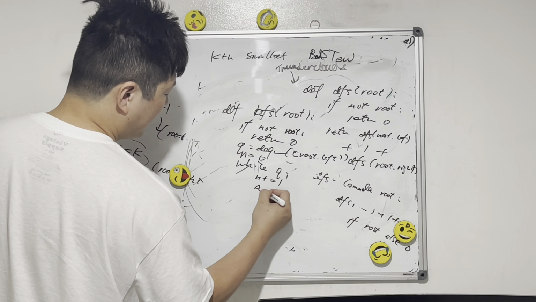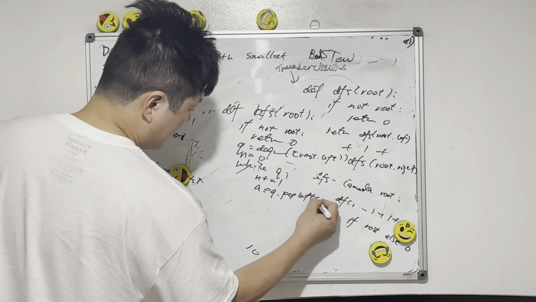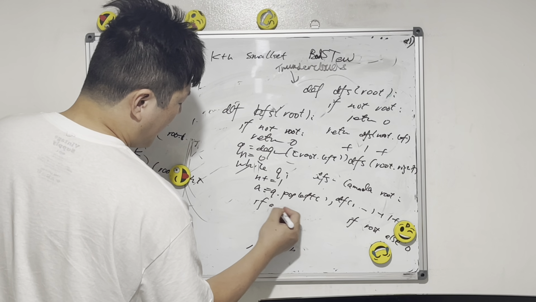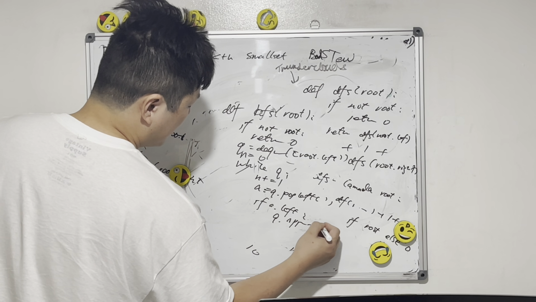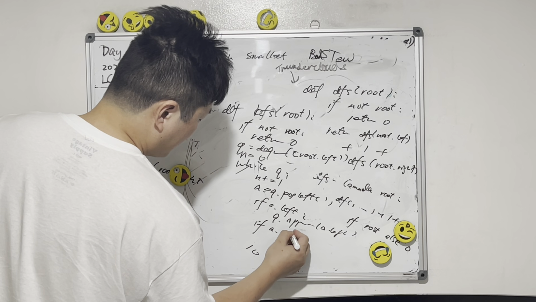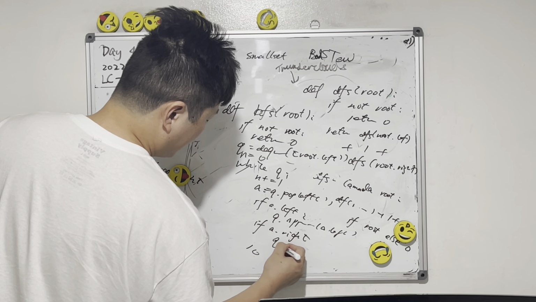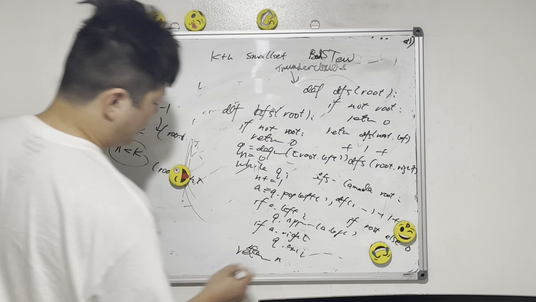A equals Q dot pop left. If A dot left, we push it back to the Q with Q dot append A dot left. If A dot right, Q dot append A dot right. And then we return the n. This is the breadth search.